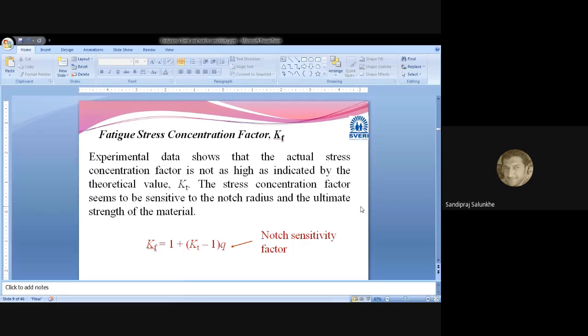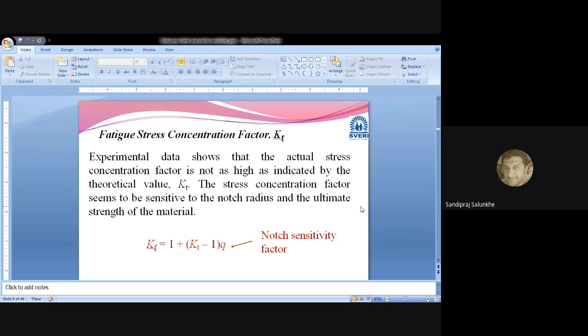Now the next thing, which is very important, is the fatigue stress concentration factor. Already I have told you that we are going to talk more about this fatigue stress concentration factor. Okay.